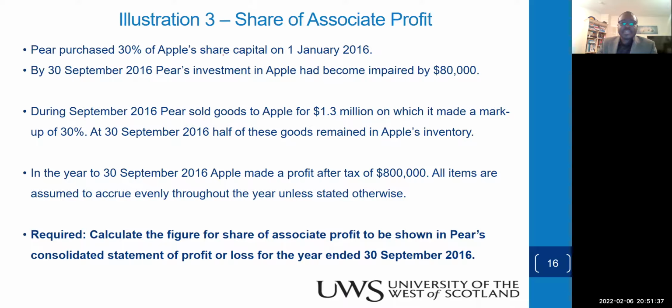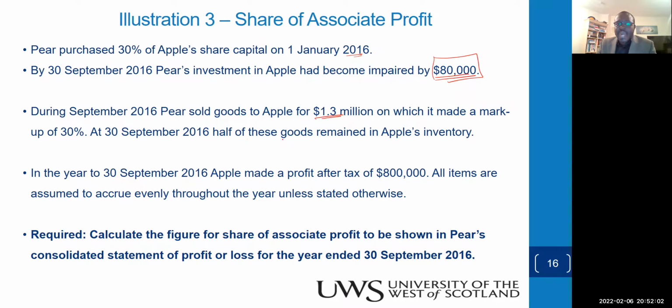PER purchased 30% of the shares on 1st January. On 30th September, PER's investment had become impaired. During September 2016, PER sold goods of 1.3 million, on which it made a markup of 30%.